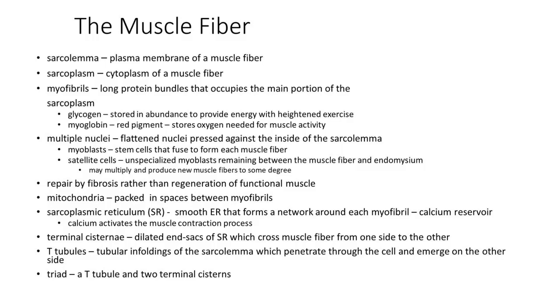We have something called a T-tubule, which is basically an infolding of the sarcolemma, which then will help penetrate through the cell and emerge on the other side, which is where we're going to see these voltages passing through, these stimuli when we go to contract. And there's something called a triad, which is a T-tubule along with two terminal cisternae. So these are all just parts of the muscle fiber, and we need to be aware of their definitions and what they do and where they are within our muscles.